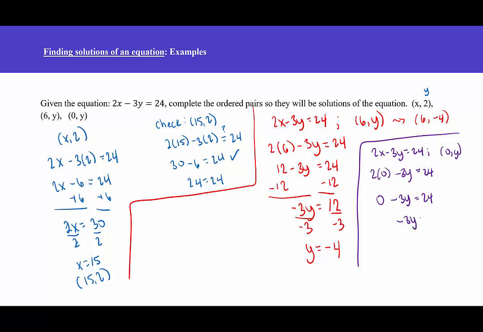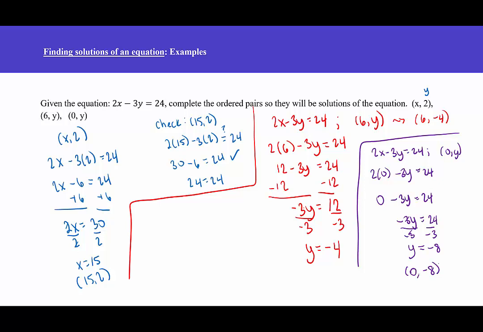And then, since that's being multiplied, that's negative 3 times y. To get y by itself, I would divide both sides by negative 3. Negative divided by negative gives me positive y. Positive divided by negative gives me negative 8. And there we have it. If I plug in 0 for x, I end up with a y of negative 8.